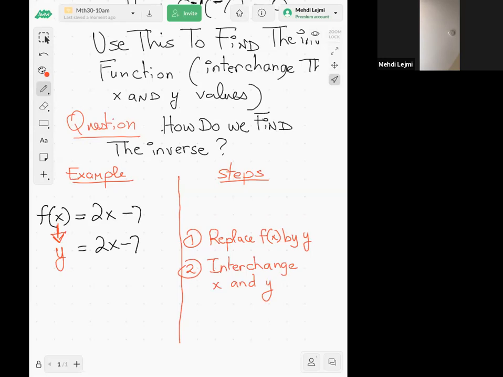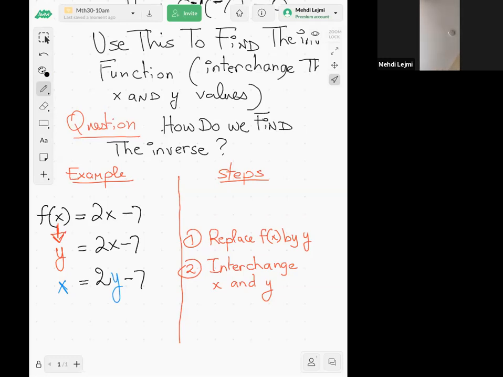When I say interchange x and y, it means y becomes x, so this y here becomes x, and x becomes y. So it's x equals 2y minus 7.